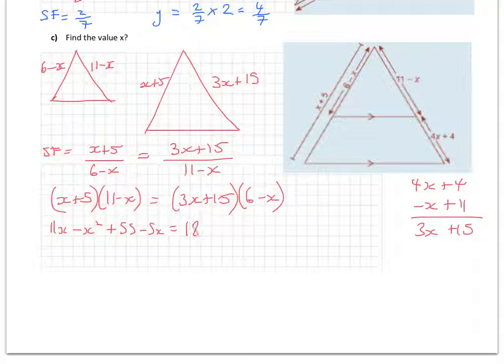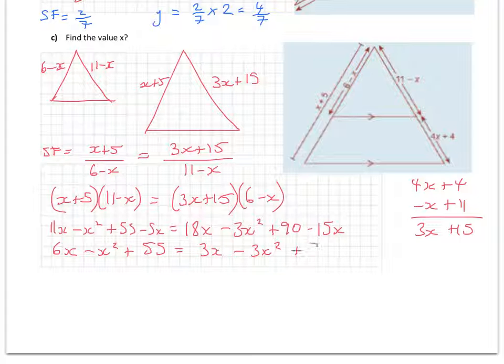We've got 18x minus 3x squared plus 90 minus 15x. So we just tie this up a little bit. Left hand side we've got 6x minus x squared plus 55. On the right hand side we've got 3x minus 3x squared plus 90.